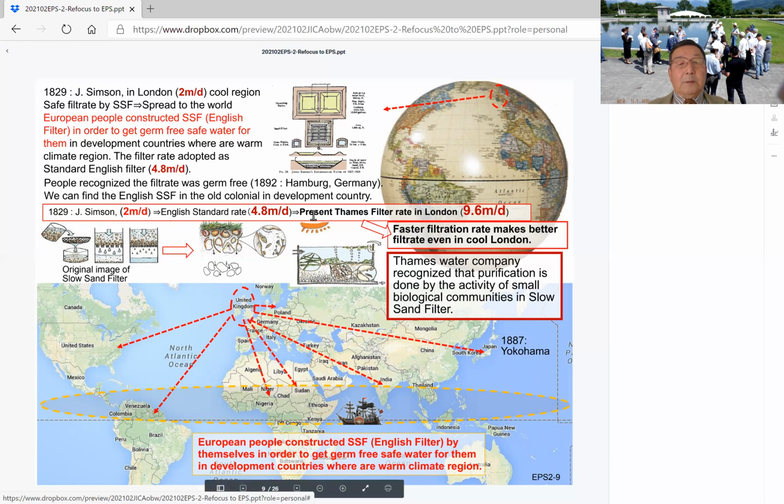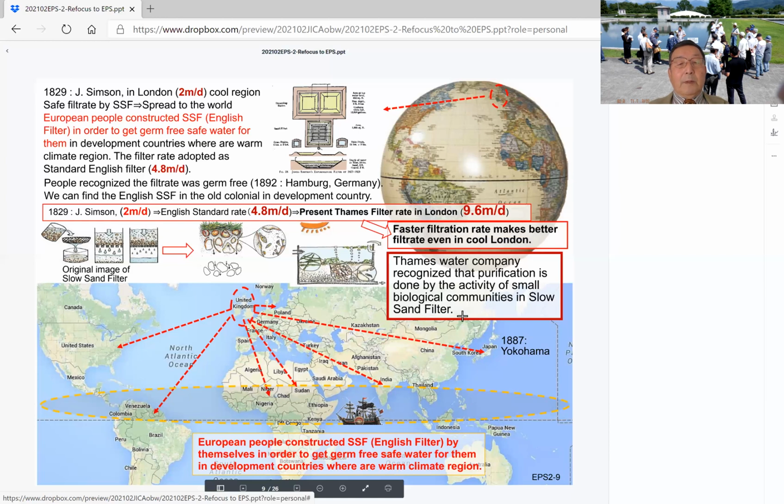But the present Thames filter rate in London is 9.6 meters per day. Thames filter engineers understood that a faster filtration rate makes better filtrate, even in cool London.